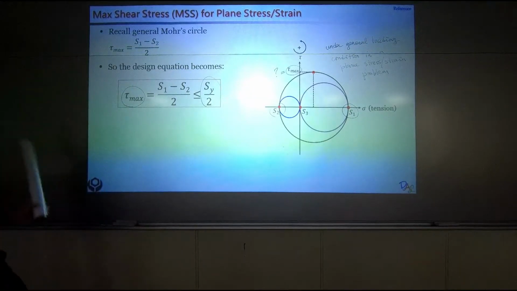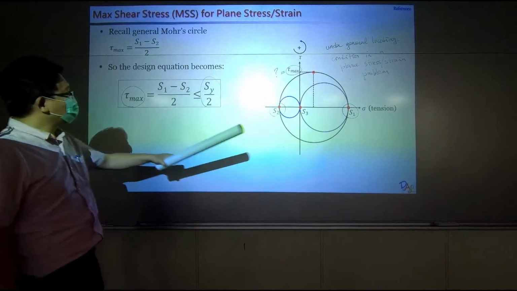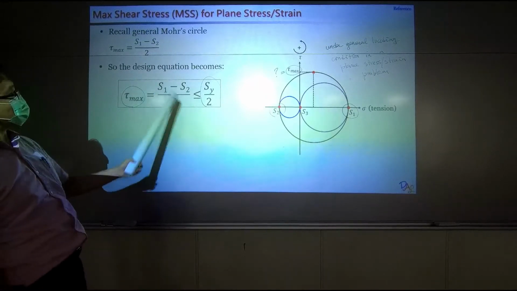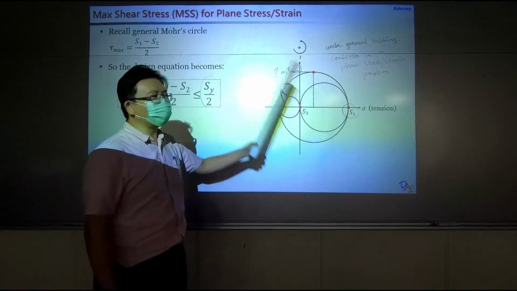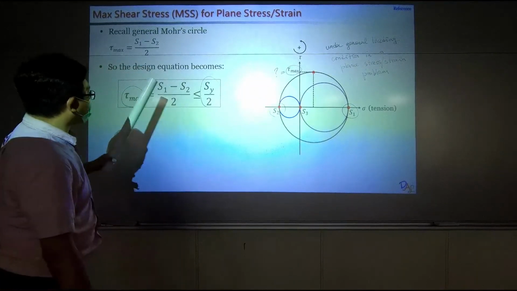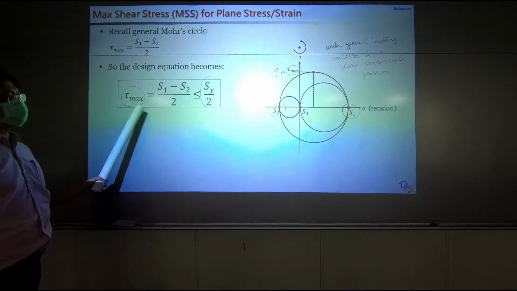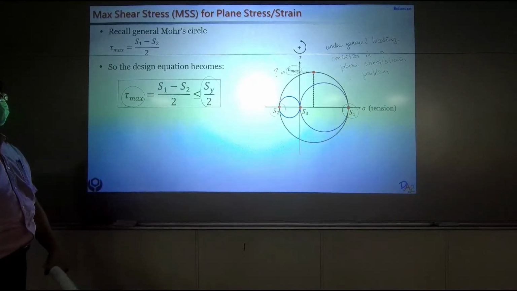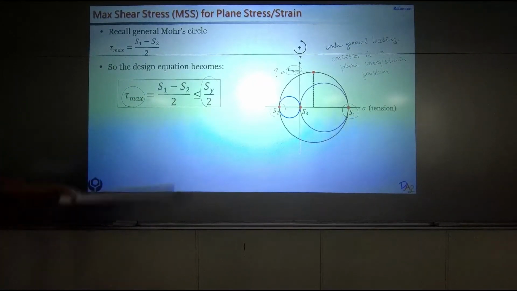For a general case, you draw a Mohr circle, and then you can use this equation, or just calculate by yourself when you draw it. Then once you have that tau max, you will check whether it's smaller than or equal to half of your yield strength.